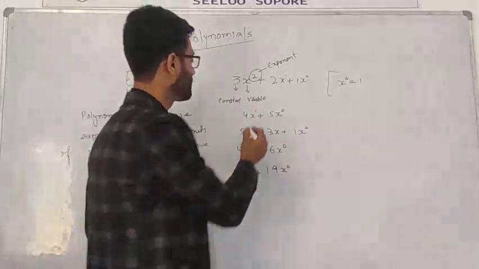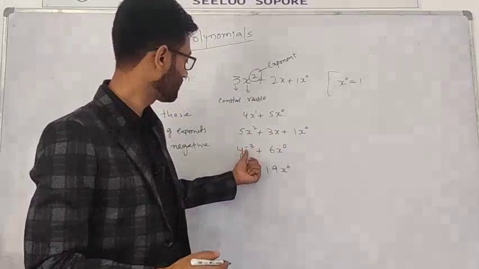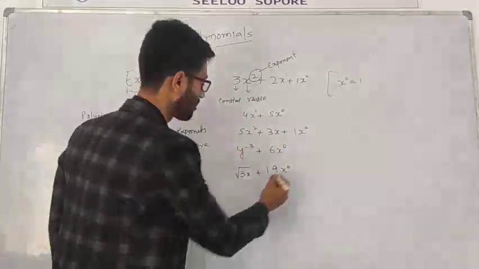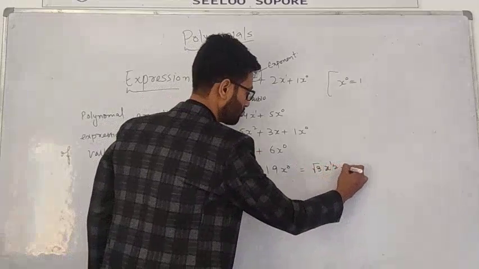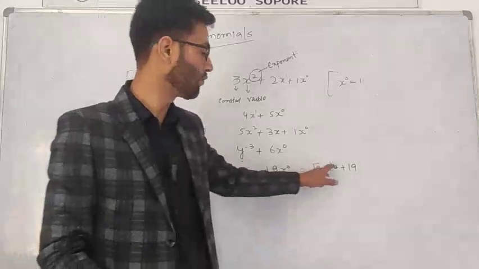First of all, we see that here variable x has power 1, variable x has power 0. We see that here the variable is y and it has power minus 3. Here we can also write it as under root 3 x power 1 upon 2 plus 19, because this is a square root and it has value 1 by 2.